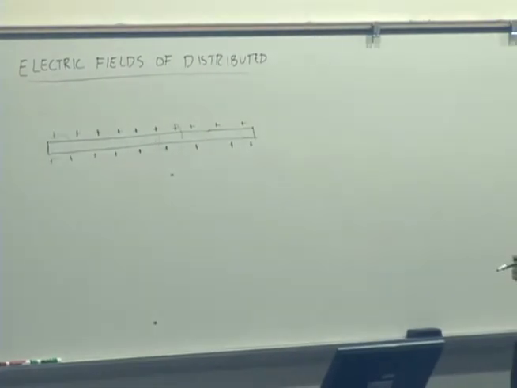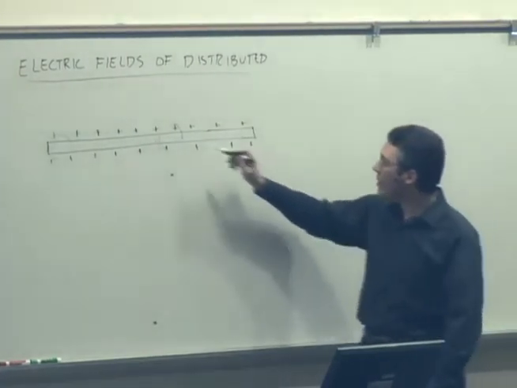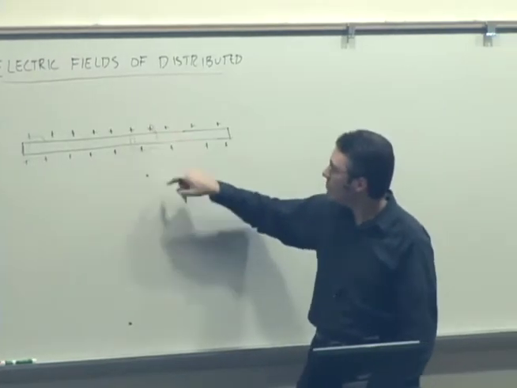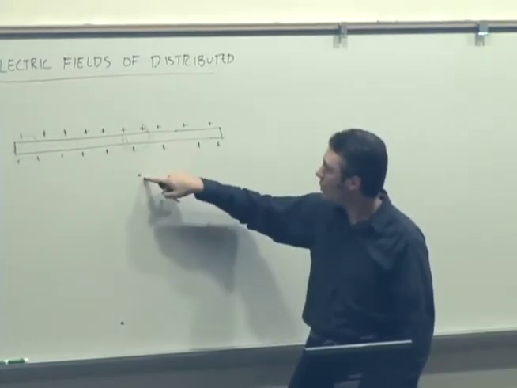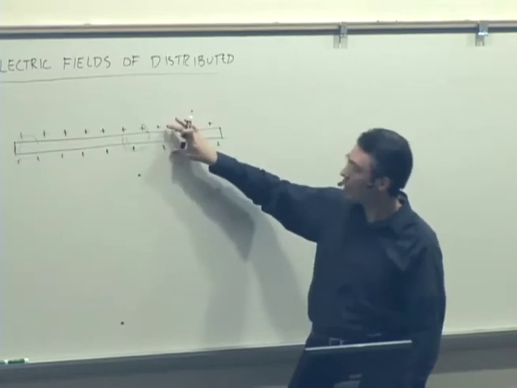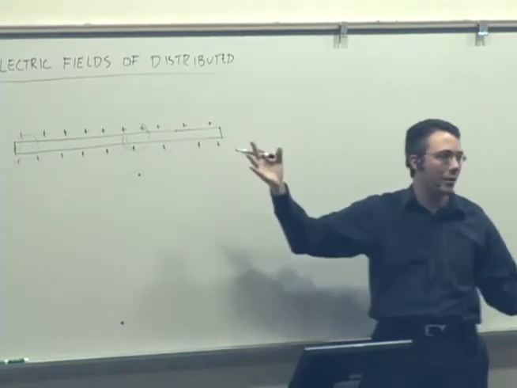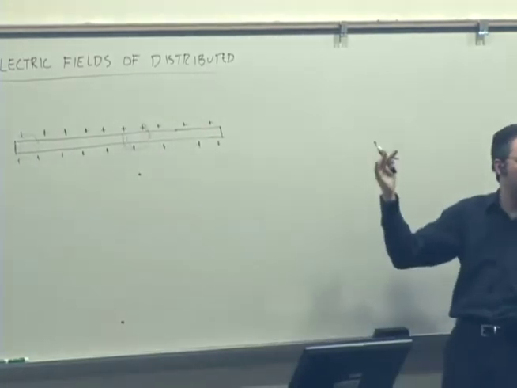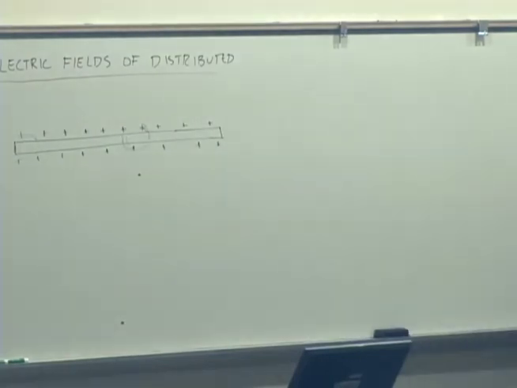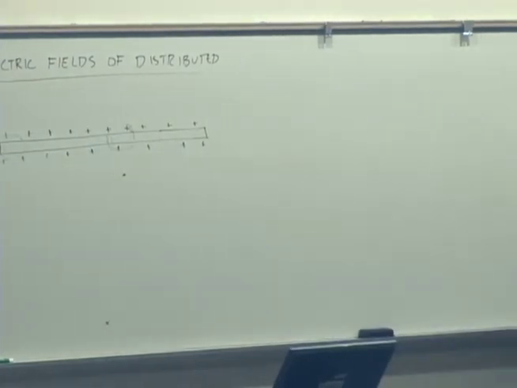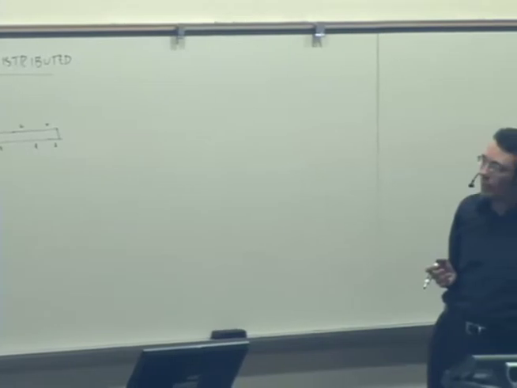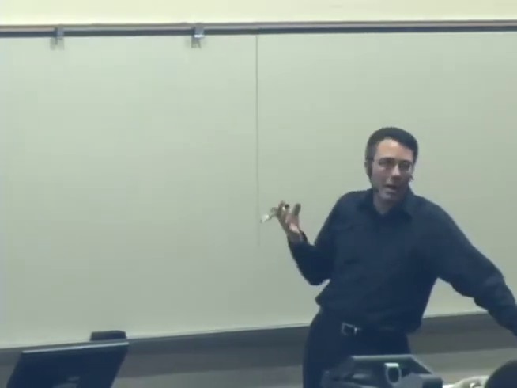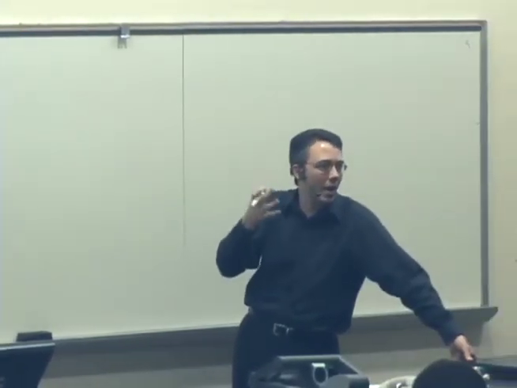But they're still going to have some effect, right? This segment might create some large electric field, but then there's the segment right next to it, and then we'd have to think about how we deal with that. And then as we get farther and farther away, how do we deal with the electric fields due to each part? But there's some general strategy where we're thinking about parts of the object rather than the object as a whole.